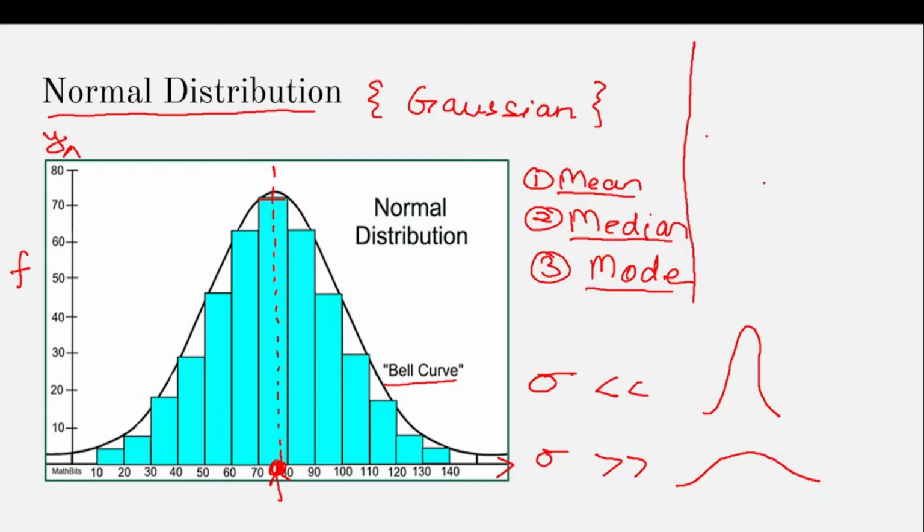In simple words, normal distribution is a probability density function which is a Gaussian distribution of mean and standard deviation and is represented by a bell-shaped curve.